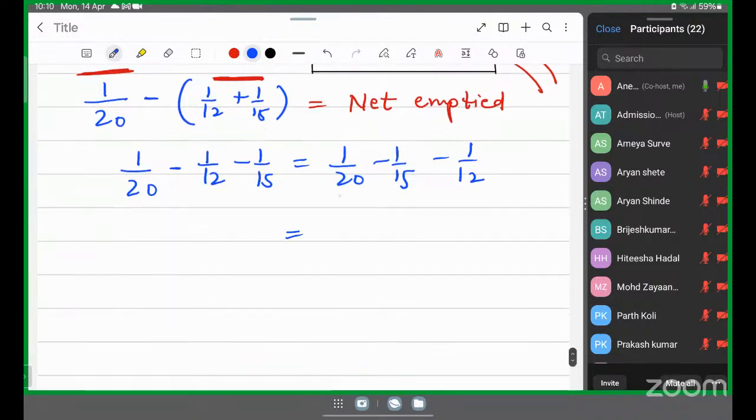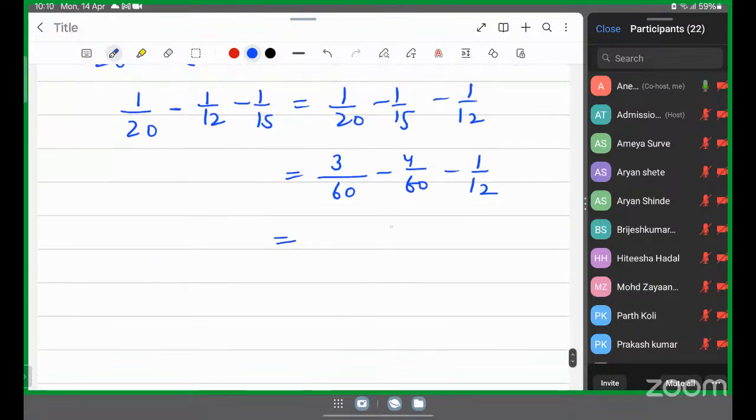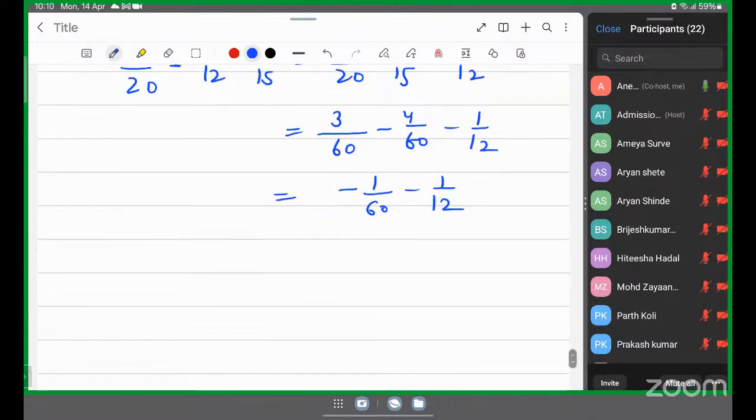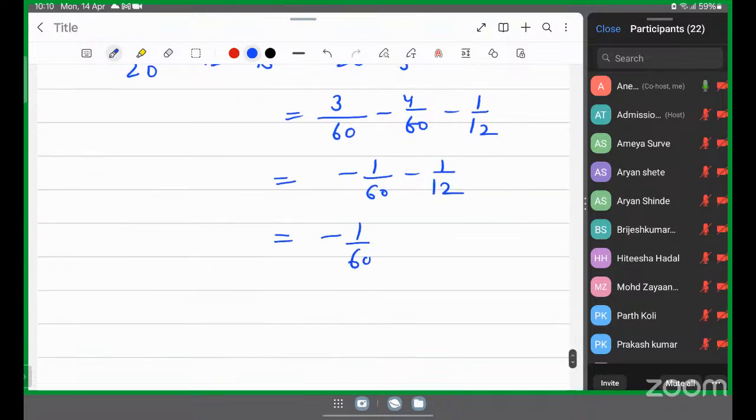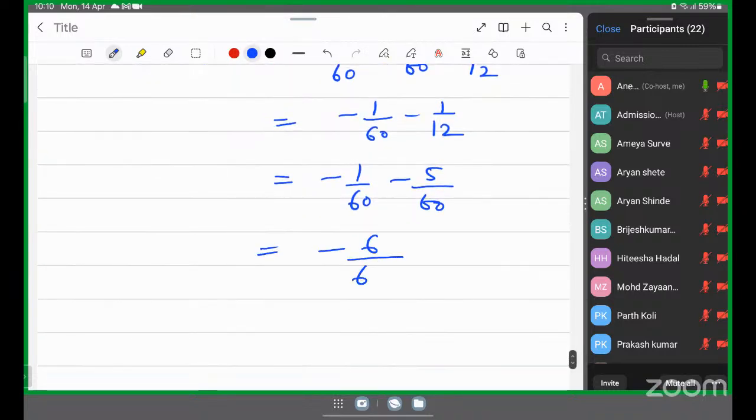If you multiply by 3, this will be 3 by 60, this will be 4 by 60, minus 1 by 60, and minus 1 by 12 multiplied by 5 is minus 5 by 60. So this will be minus 6 by 60. This will be 1 by 10 with a minus sign.